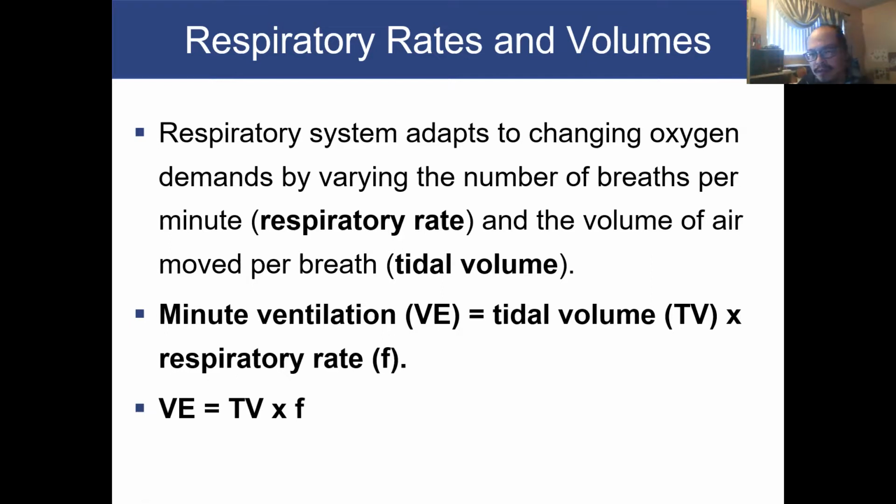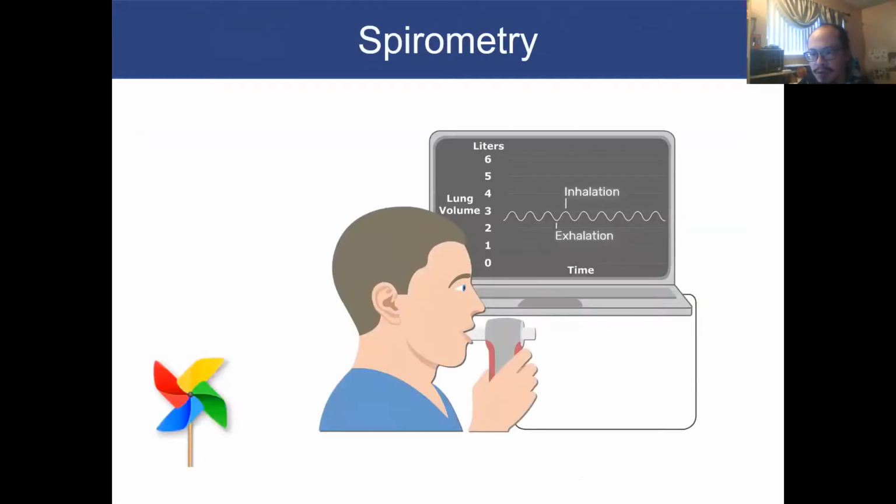How do we know this? How do we measure it? The way to measure it is to use spirometry. This is a picture showing how we do the spirometry. It's very much like a toy you blow: you blow it, it will turn.